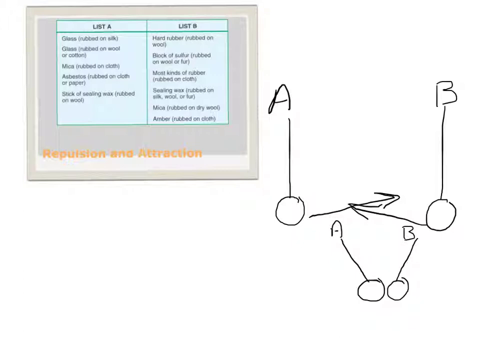If you were to use the analogy of a couple of magnets, you would have one magnet attracting to another magnet.